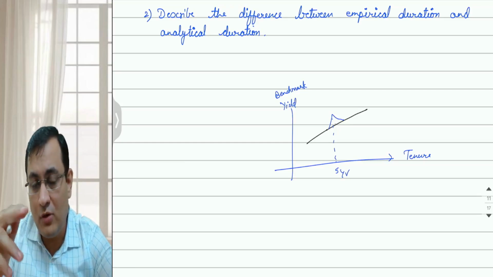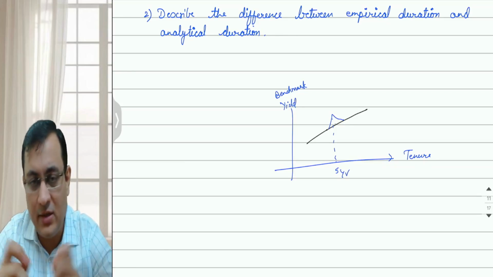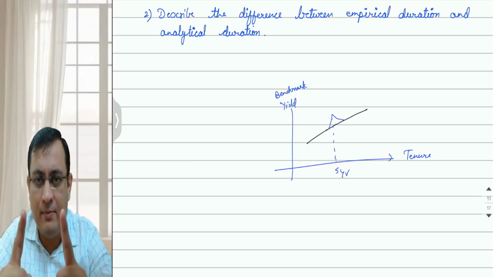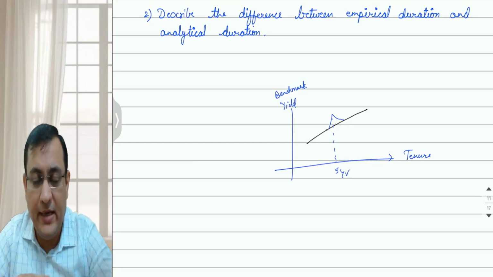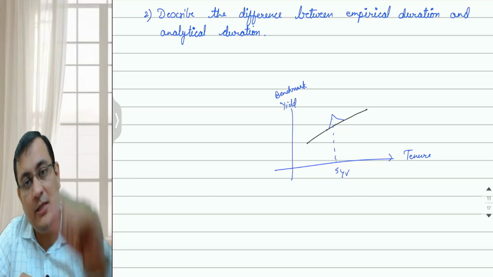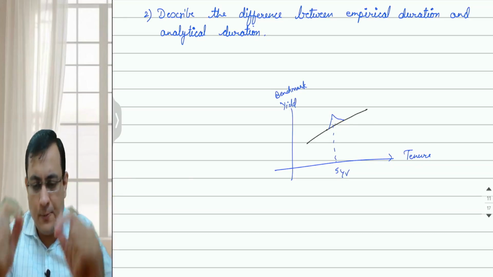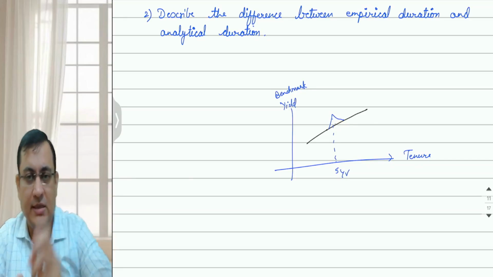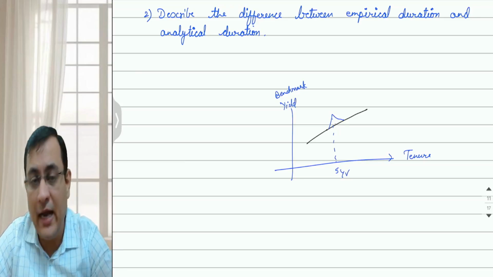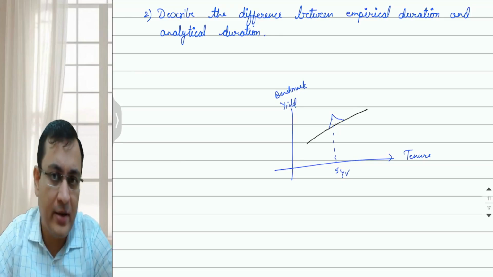What we assumed in case of modified duration as well as curve based duration is that this benchmark yield and this spread, the sum of which equals the yield of the bond, are not correlated. So if the benchmark yield is moving up and down, the spread is going to stay constant. So spread will have no effect on the changes in the yield, which may not be true in some cases. That will be improvised using the last part of the duration calculation, that is empirical duration.